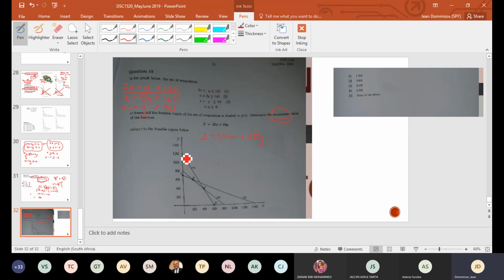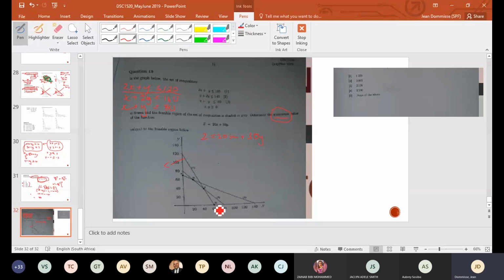When x is 0, y is 120. Oh, and they actually give us that is the first line, that's the second line, that's the third line. Interesting. Okay, maximize the value. So I'll try to just draw myself this picture.